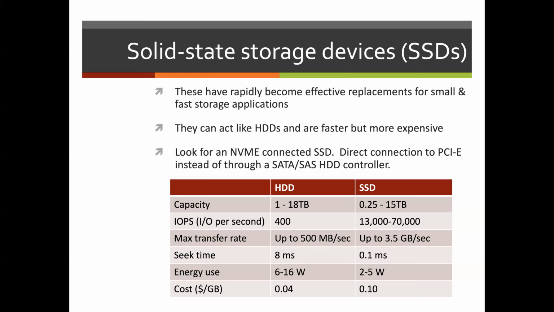They also have a quicker seek time as well as lower energy use. So this provides a reason why solid state devices might be better options over our typical hard disk drives.